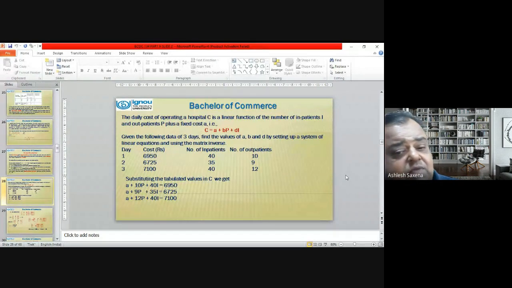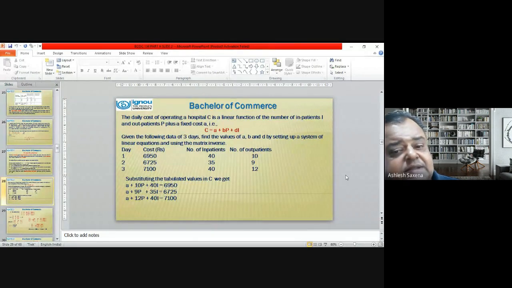We have cost, we have number of inpatients, and we have number of outpatients. Straight away, what we are going to do, we are going to place all these in the equation C is equal to A plus BP plus DI, which is applied to 3 equations, that is A plus 10P plus 40I is equal to 6950.